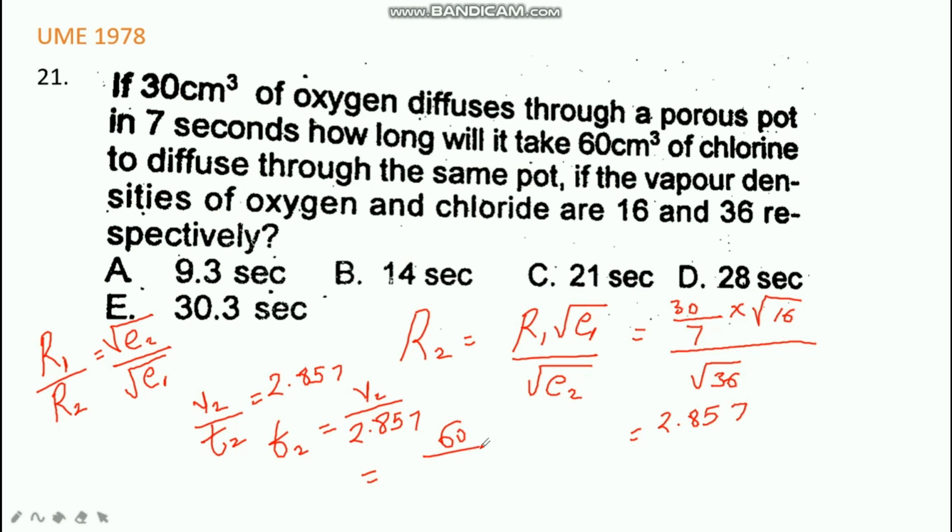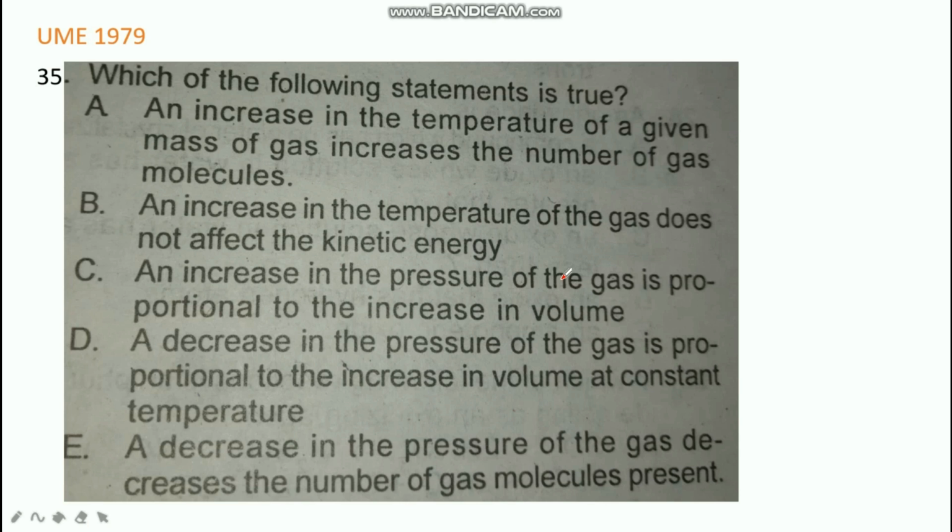So we have 60 divided by 2.857, which will be equal to 21.0000 and so on, which is of course option C, which stands for correct. So the next question, UTME 1979 question number 35.